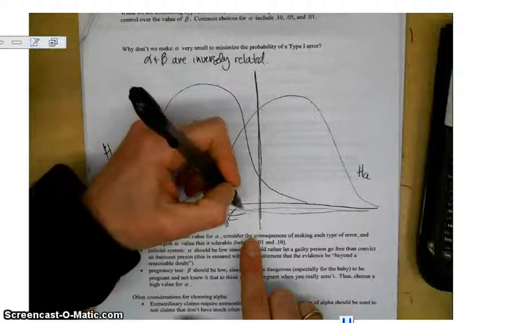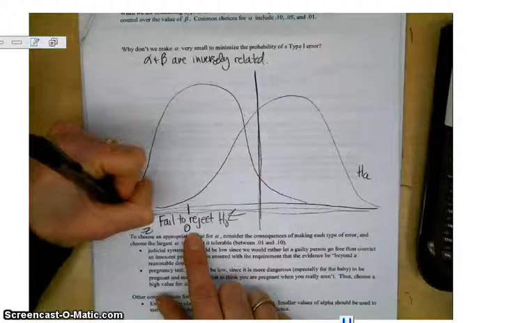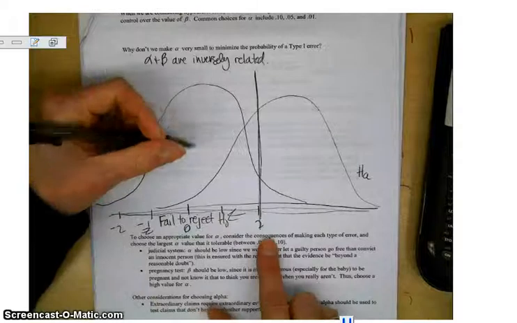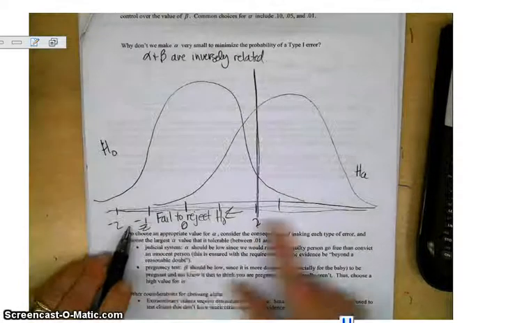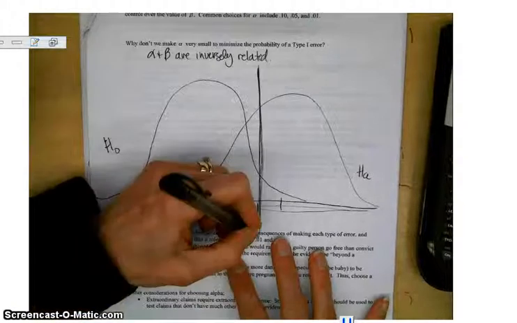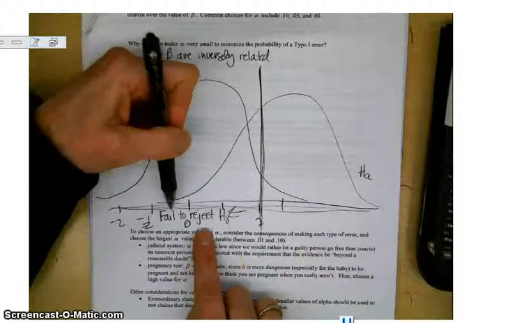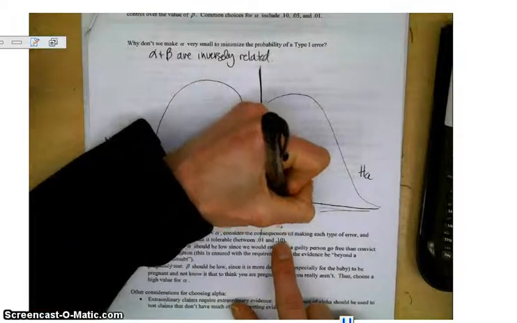So 0 might be somewhere over here, and these are our negatives: -1, -2, 1, maybe this is +2, 4. But this is our z on the bottom. This is our decision line. Anything below here we're going to fail to reject, and anything up here we're going to reject the null.